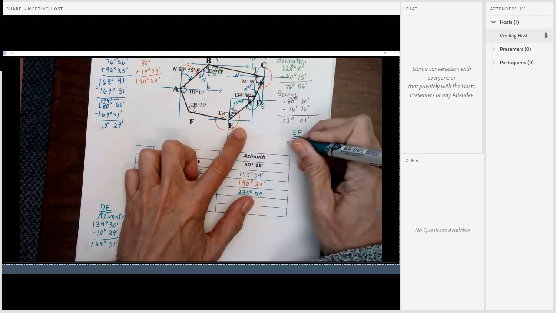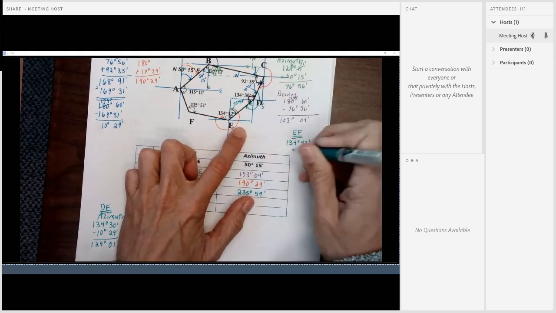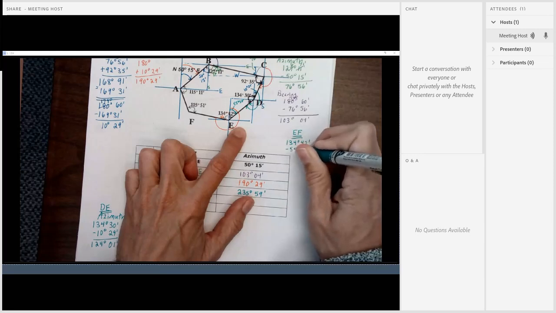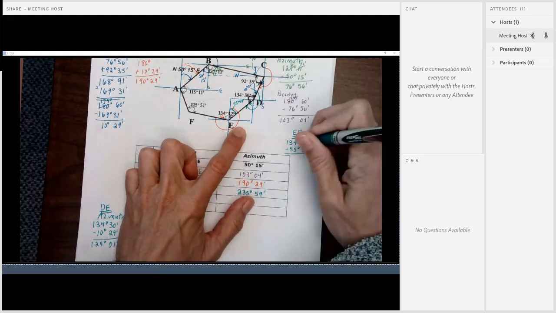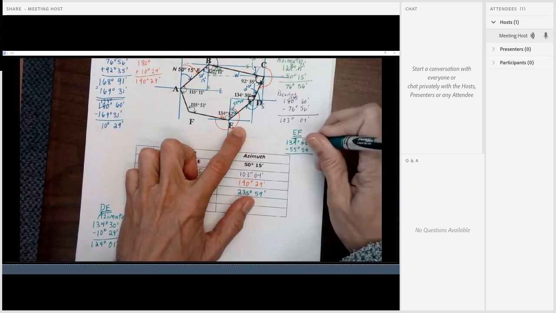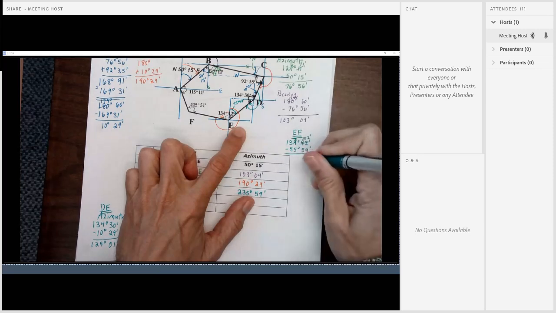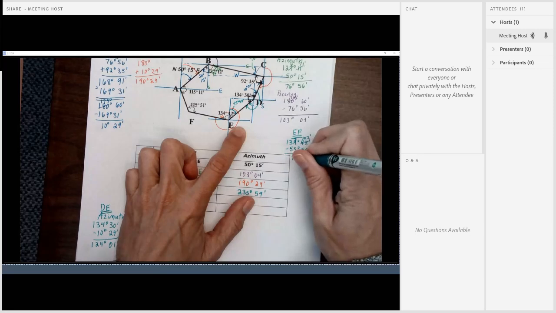All right, so I'll take that 134 degrees, 42 minutes, subtract that alternate interior angle, 55 degrees, 59 minutes. Have to do some borrowing here. We'll make this 133, and then this becomes 102. 102 minus 59, 43 minutes. 133 minus 55, 78 degrees.